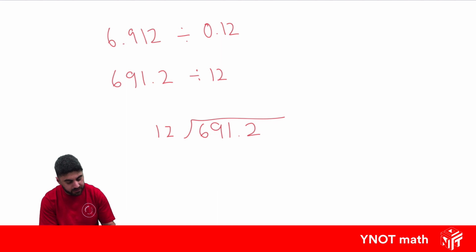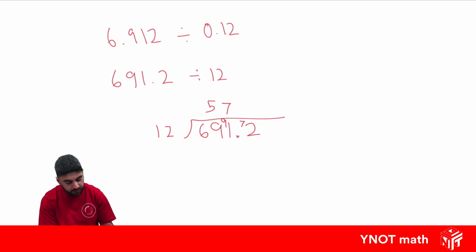Well, that's going to go in 5 times, remainder 9. Then we're going to see how many times does 12 go into 91? It's actually 7 times, because 7 times 12 is 84. And that'll be remainder 7.